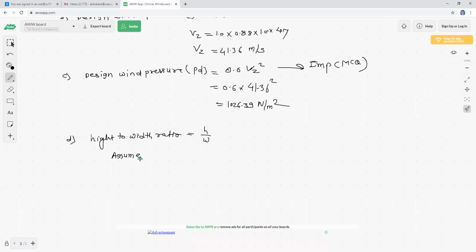If any data is not given and it is required, we have to assume. Assume height of building is 10 meter. So h by w means 10 by w. W is the span of your truss. So total span is again 10. 10 by 10, its value is 1.